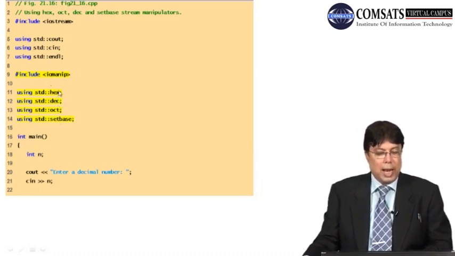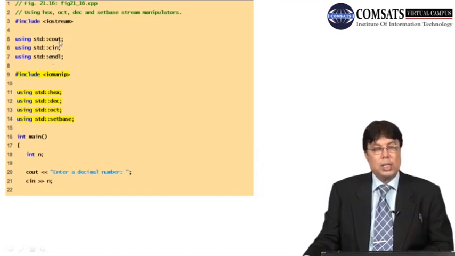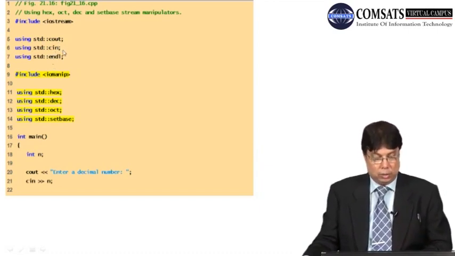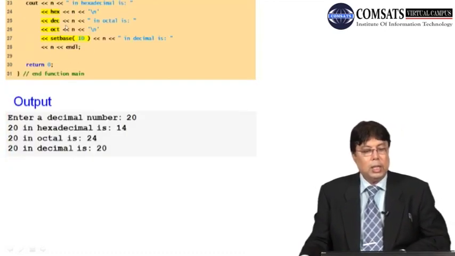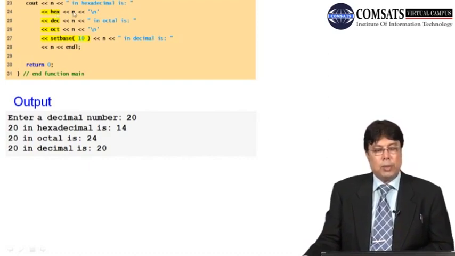We would like to use hex, dec, oct, and we would also like to use cout and cin. Here you are using cout, enter a decimal number, read that, and then in the output, the value of n in hexadecimal is printed with hex, then in decimal, then in octal.